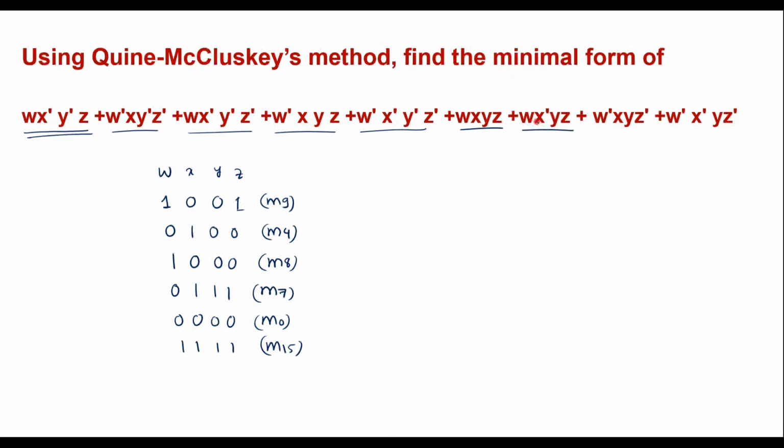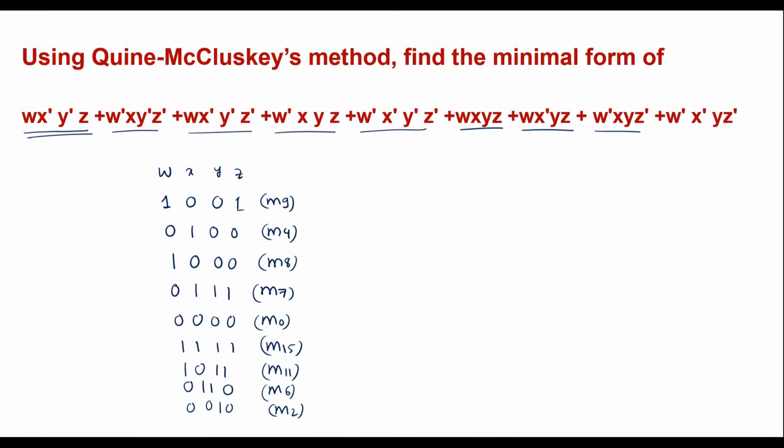Next W X bar Y Z is 1, 0, 1, 1, which is 11. Next W bar X Y Z bar is 0, 1, 1, 0, which is M6. Finally W bar X bar Y Z bar is 0, 0, 1, 0, which is M2.